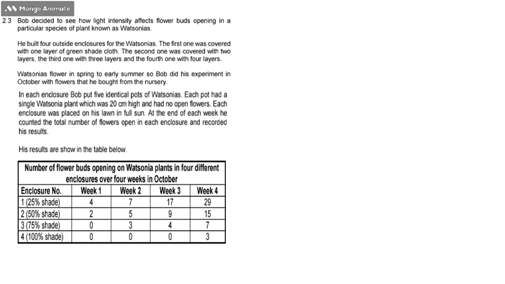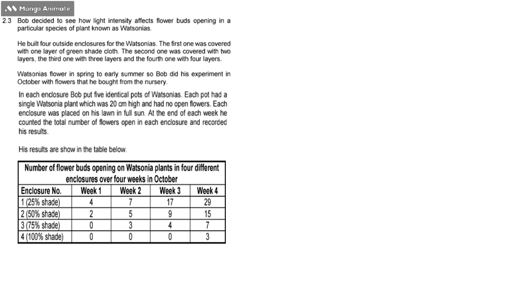In week 1, a plant that was covered with 25% shade had 4 flowers. The one that was covered with 50% shade had 2, and the one covered with 75% had 0, and the one covered with 100% had 0.